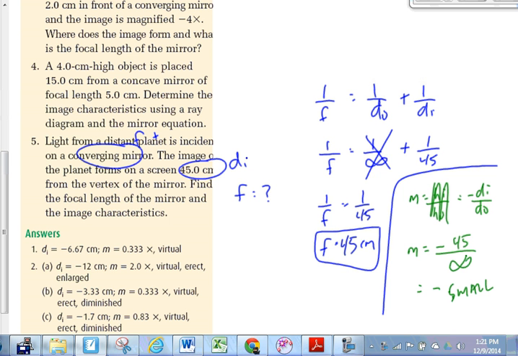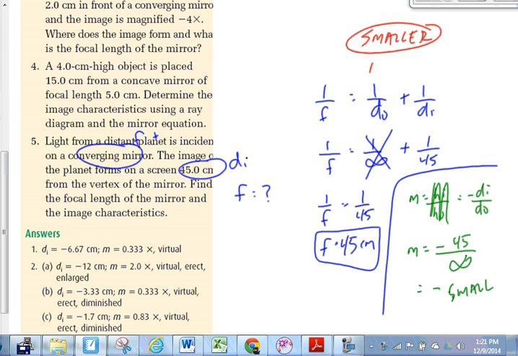Now, what does the negative tell me? We know that the image is smaller, right? That's the first characteristic. What does the negative for the magnification tell me? The image is what? Jake, the image is inverted.